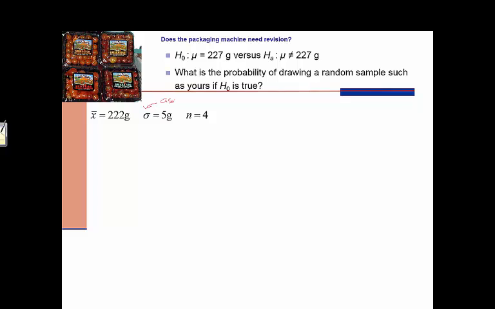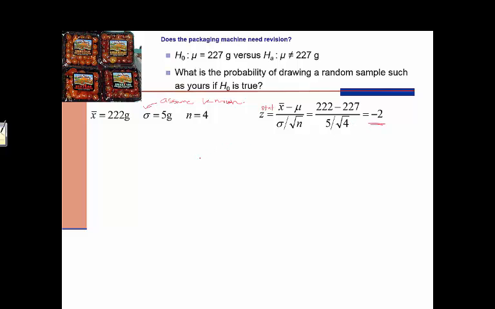Assume known sigma, and that is equal to 5 grams. Okay, and a sample size is 4. Well, then I can compute my z-statistic as 222 minus 227 divided by sigma over square root of n and get -2.